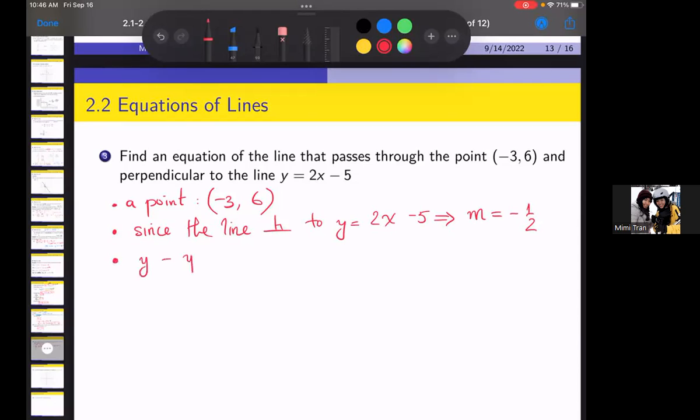And make sure you remember your equation. This is my x1, this is my y1. All you do is plug it in.